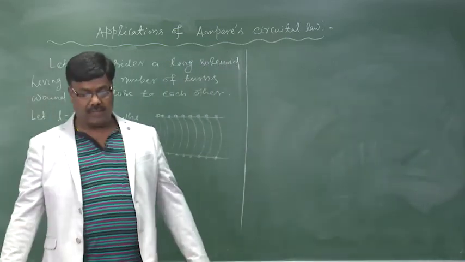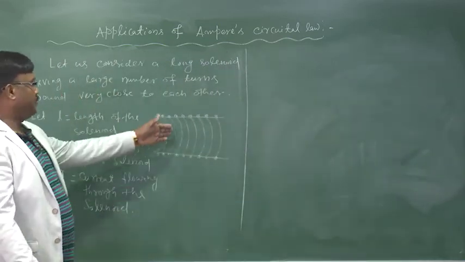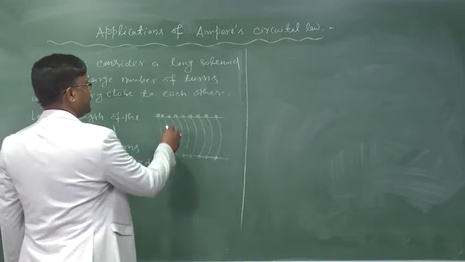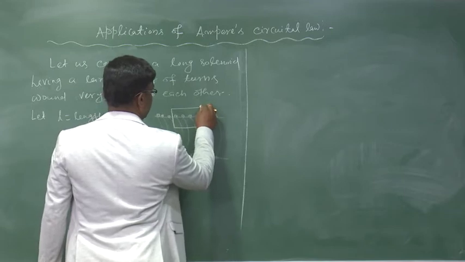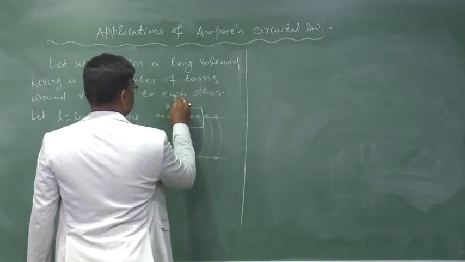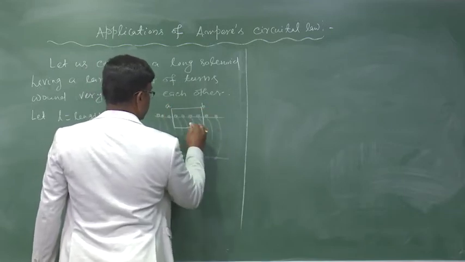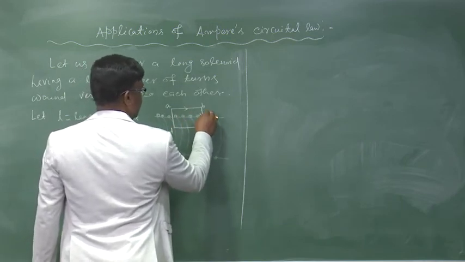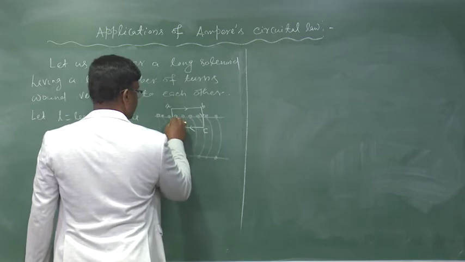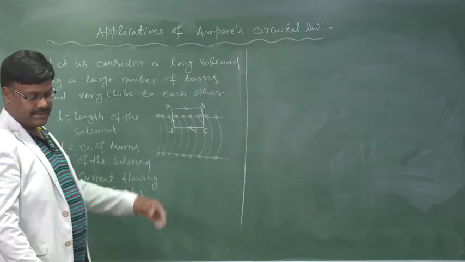To find the magnetic field strength due to a long solenoid, let us first consider a rectangular loop. Let this be A, B, C and D. Let current I be flowing through the loop like this.